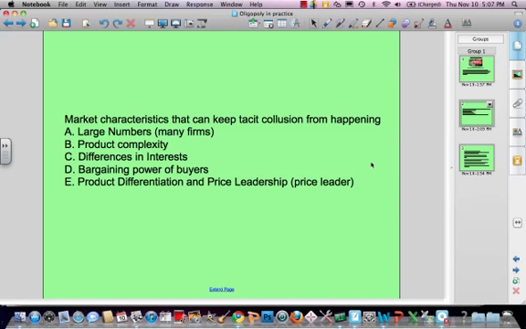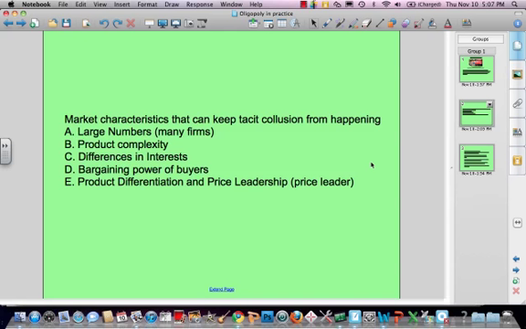They don't all have the same agreements with their labor unions. They don't all have the same agreements with their suppliers. So their costs, when you think about break-even costs, as producers, they may have very different interests in the way they price because their costs are different. So that's another thing that keeps tacit collusion from happening easily.